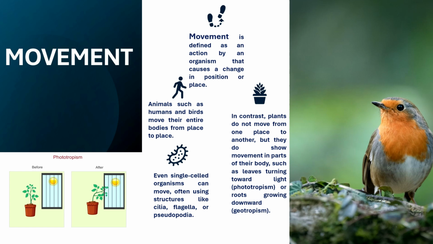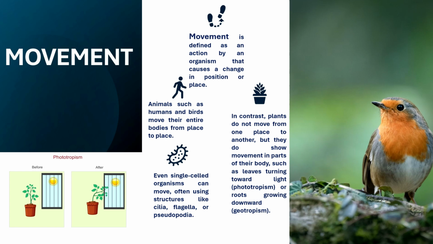Think about the difference here. Animals like humans or birds can move their entire bodies from one spot to another. We call this locomotion. Plants, on the other hand, stay rooted in one spot, but they still move. Think of a sunflower turning its face toward the light. We call that phototropism, or roots pushing deeper into the soil. That is geotropism.